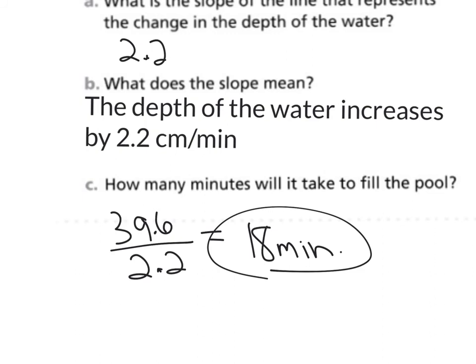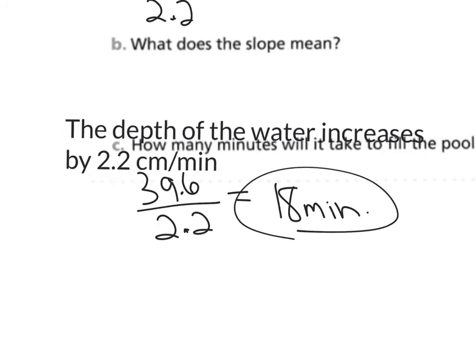The bad thing about doing it that way is if it doesn't take an even number of minutes, let's say it takes 18.375 minutes, I'm not going to be able to find that on my table. By dividing it, even if it doesn't come out evenly, I'm still going to find that exact answer.